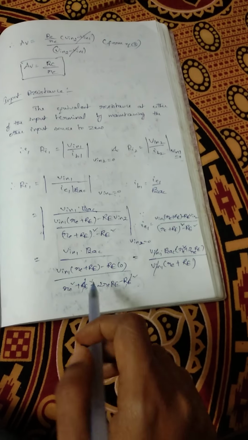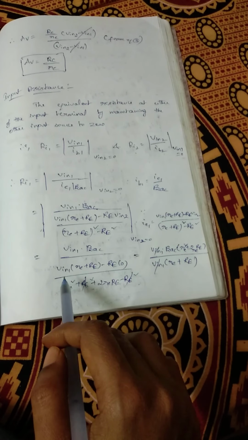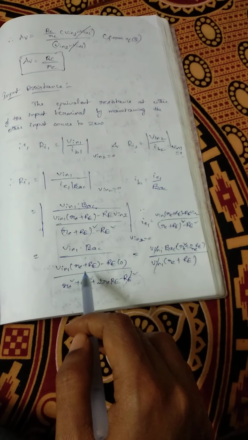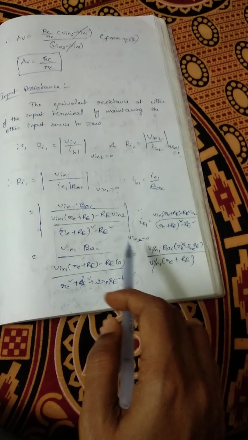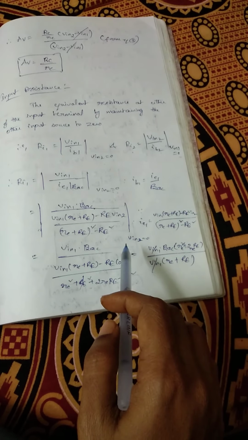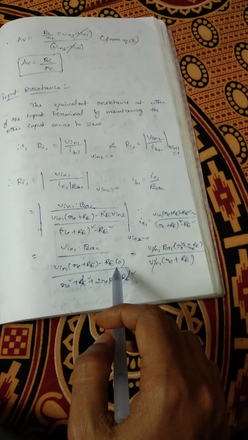And finally we can get the value, that is Vn1 by beta Ac by Vn1 into (Re plus capital Re) minus capital Re into, here we are maintaining the other input voltage to 0, that is Vn2 is equal to 0.